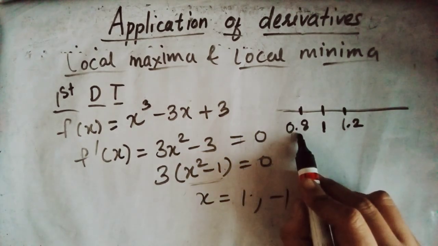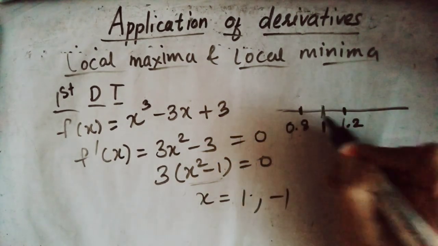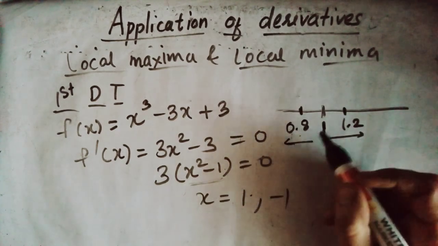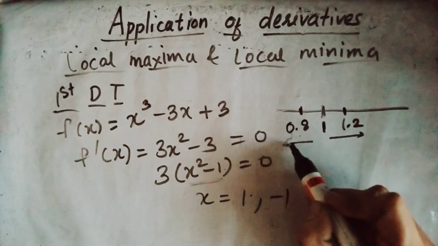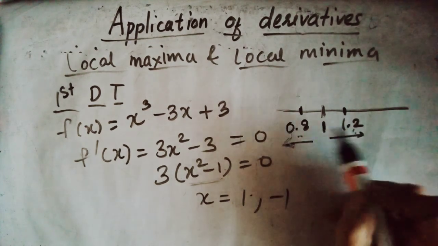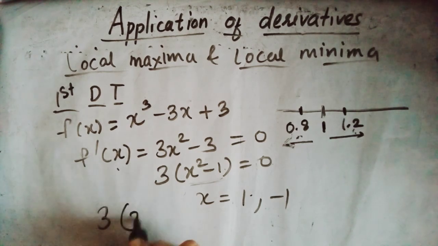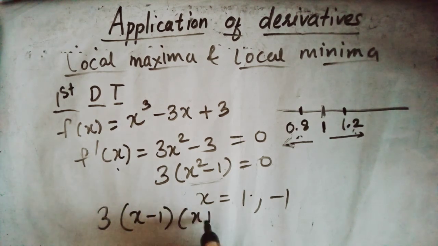So here 1 is here, and you have to examine the sign of f dash for these points, to the right and to the left. If I take f dash, this will be (x minus 1)(x plus 1), right?